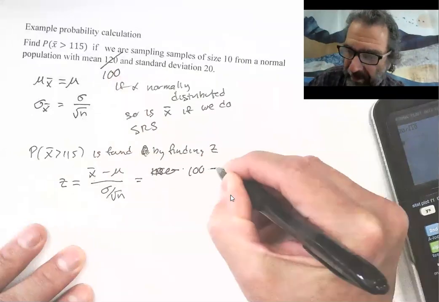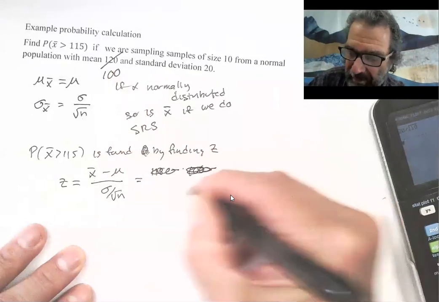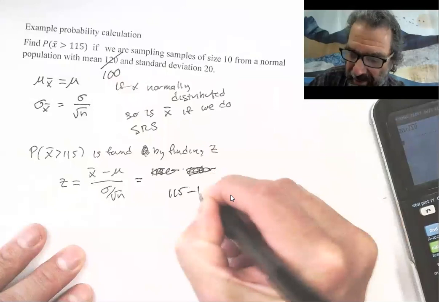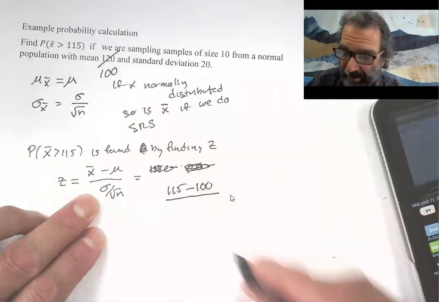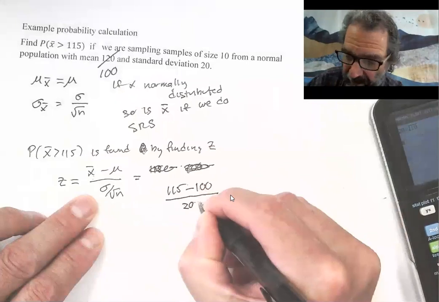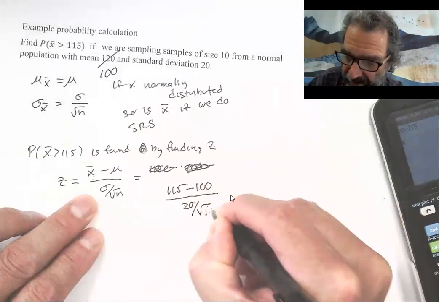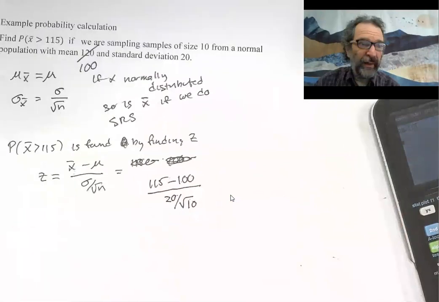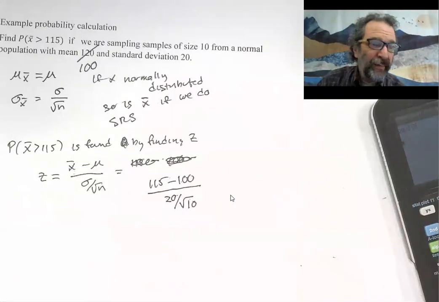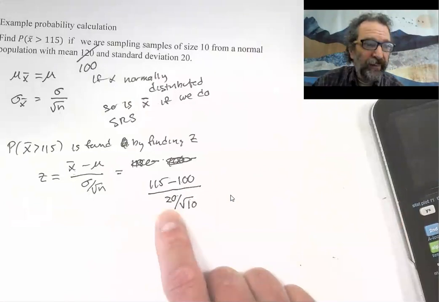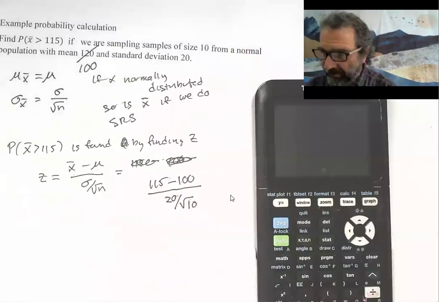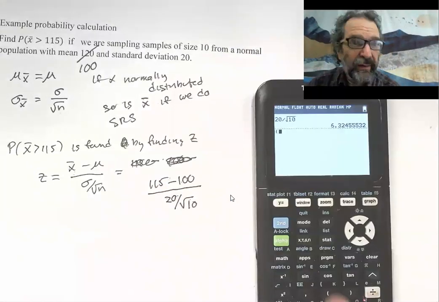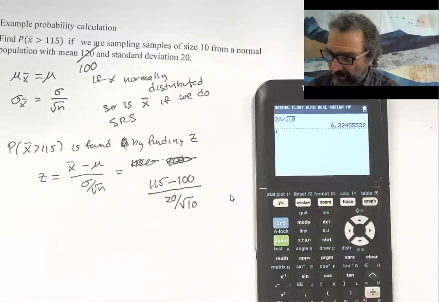So that's 115 minus 100, over sigma, which is 20, divided by the square root of 10. I'm thinking that might be a big number, because that's maybe 6, and that's maybe 15. Well, let's see what it is. So I go parentheses, 115 minus 100.